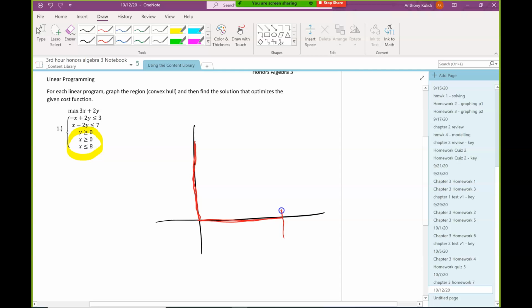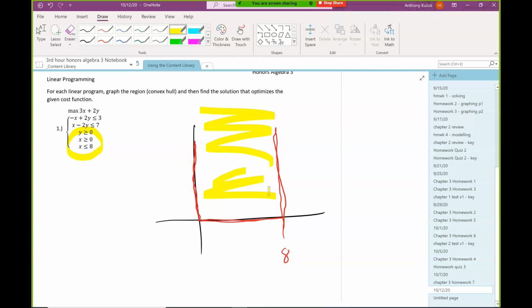And I'm bounded between 0 and 8, x is less than or equal to 8. So whatever my solution set is, it's going to be inside of this little well. Is everybody okay with that? Yes. Of course. Okay.